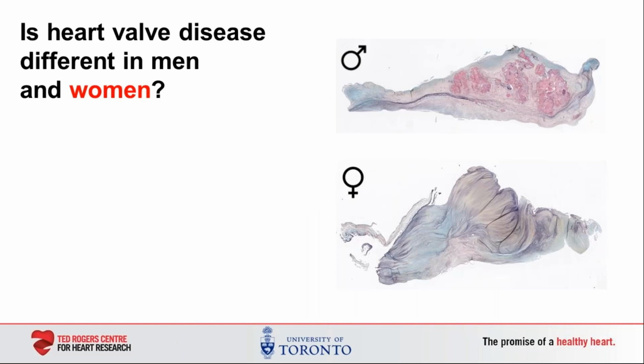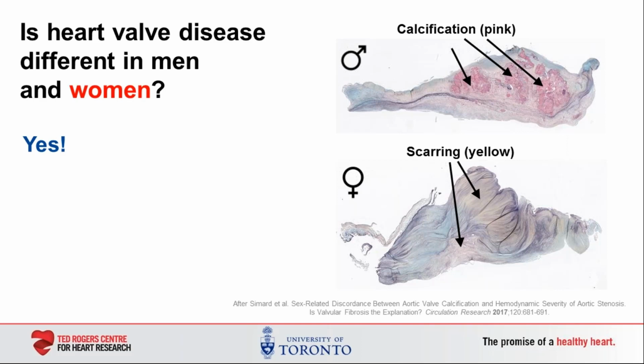And this again was work that has come out of Dr. Mathieu's center. These are valve pictures of valves cut out at surgery from our center. And you can see they are different. So on the top is a male valve. The pink staining you see there in the valve is all calcification. And you can see the male valve has a lot of calcification.